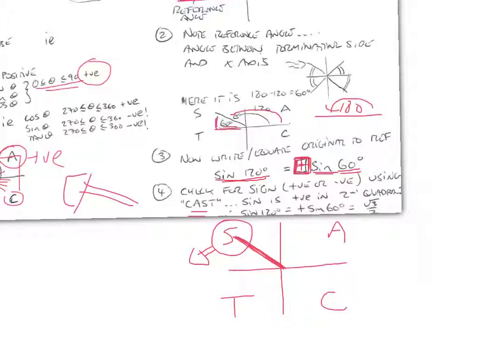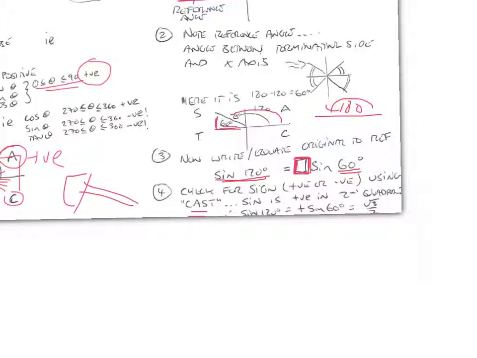We can then refer to our log tables, and we can say that the sine of 120 is equal to plus the sine of 60. In our log tables, the sine of 60 in surd form is root 3 over 2. So we can express sine 120 degrees in surd form as positive sine 60, which is root 3 over 2.